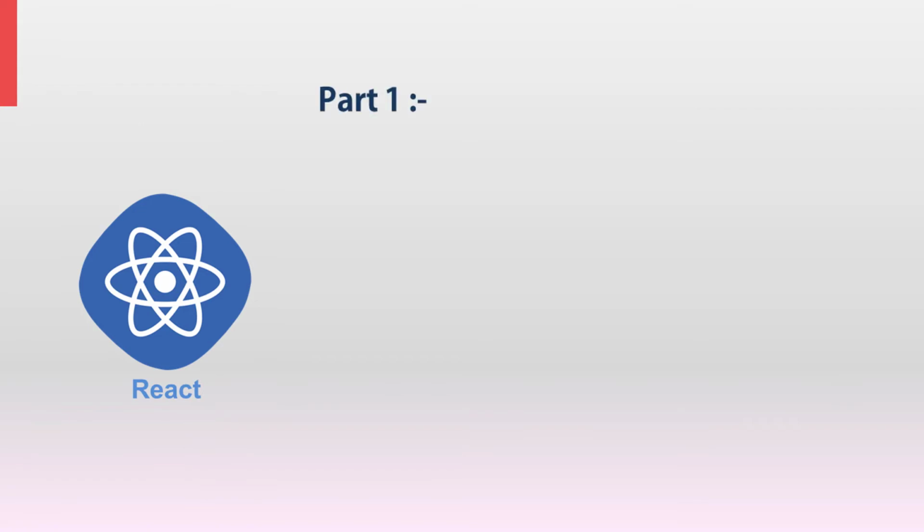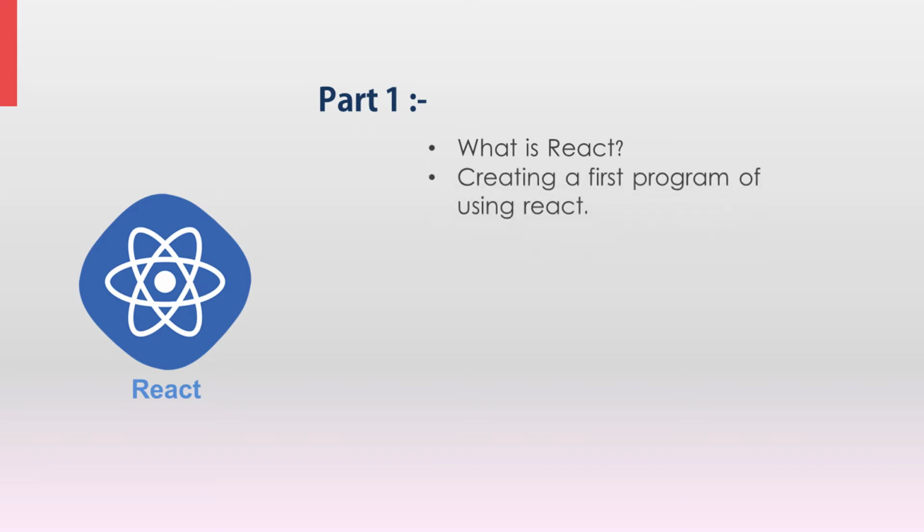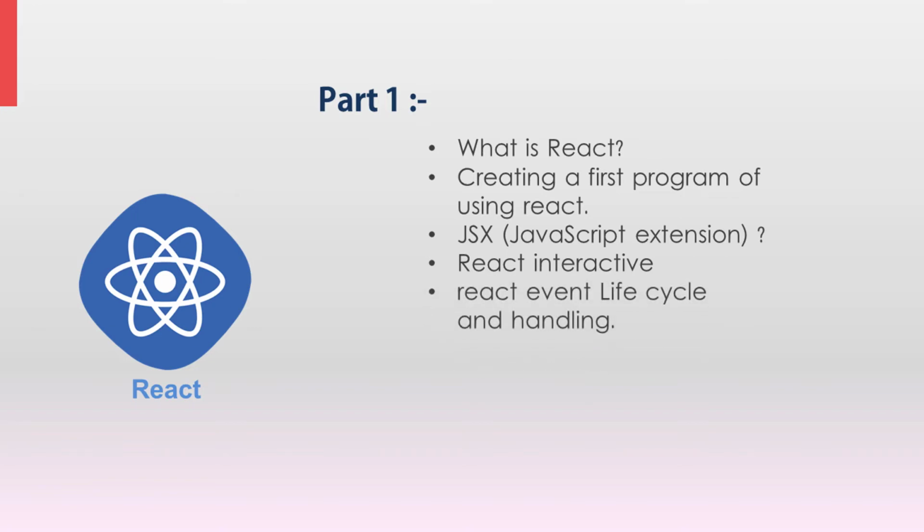In the first part, we are going to learn what is React, creating a first program using React, understanding JavaScript extension, making React interactive, understanding the React event lifecycle as well as handling, working with forms, taking the React components, and more than that.